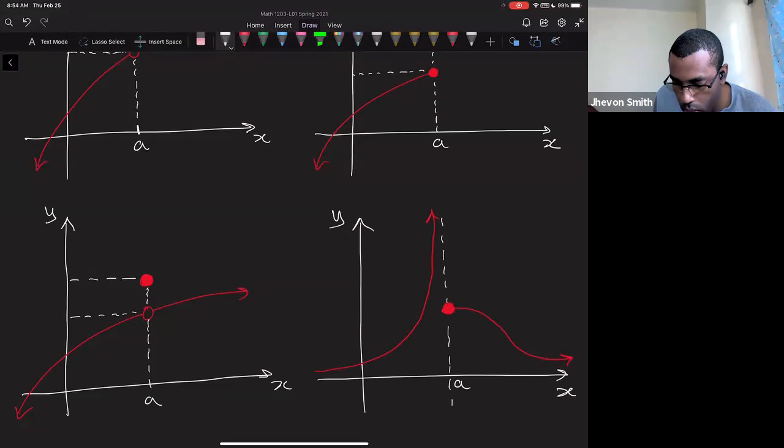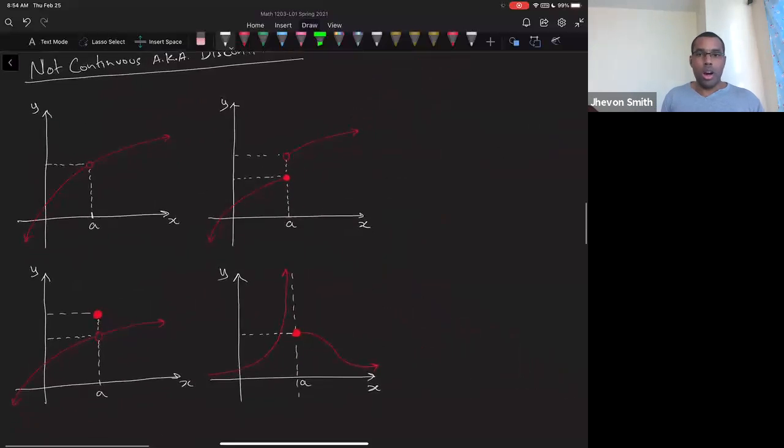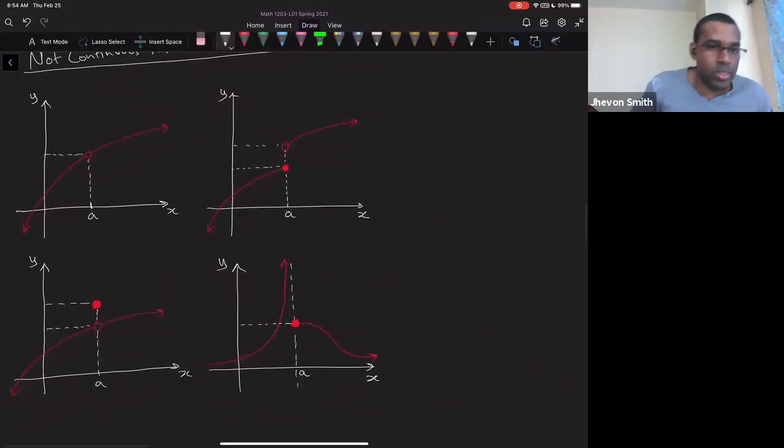None of these functions are continuous. You'll notice that they all have some sort of disruption going on as I'm passing through A. I have to jump over a hole, or jump up to a gap, or fill in a hole and come back, or one side goes off on an asymptote and the other side is just chilling. There's something crazy going on that breaks up the function.